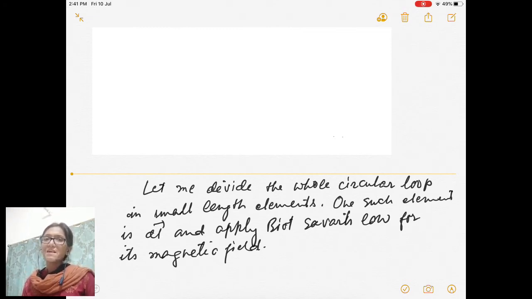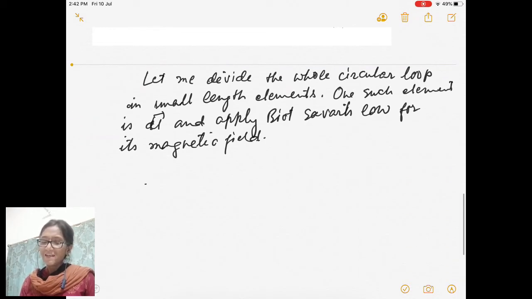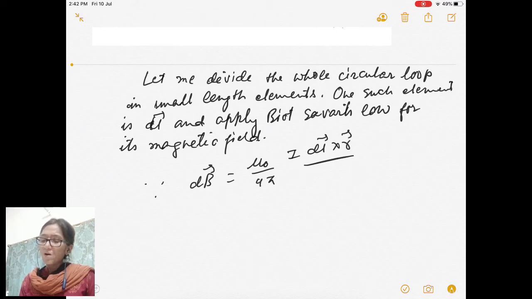For this purpose, I have to divide the whole circular loop into small length elements, and I took one small length element dl, and then I'll find the magnetic field at point P due to this dl length element. Since we know that magnetic field using Biot-Savart's law is equal to mu naught upon 4 pi I dl cross r upon r cube.